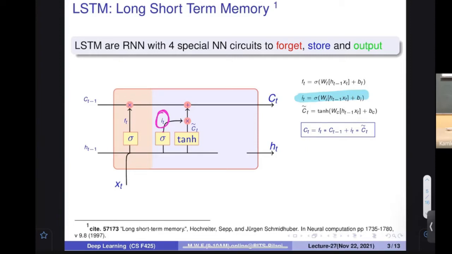Again, the same kind of neural network circuit has been trained, which is going to apply the activation as a tanh. Why tanh? Because tanh gives you a value from -1 to +1. Sigmoid gives you a value from 0 to 1. So how much you are going to learn, it is going to find out by this. And tanh, this particular separate neural network circuit, this is the third neural network circuit I'm talking about.